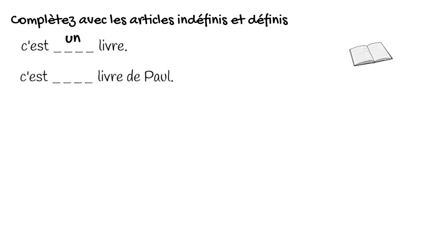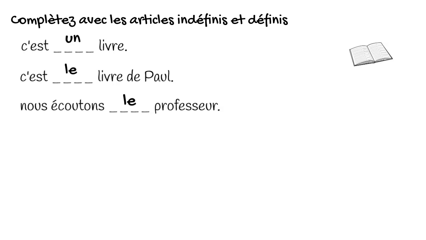Now here we have an owner, Paul. So this is Paul's book. Say le livre de Paul. Nous écoutons dash professeur. Professor is masculine and we listen to the teacher. So definite. So le. Nous écoutons le professeur.